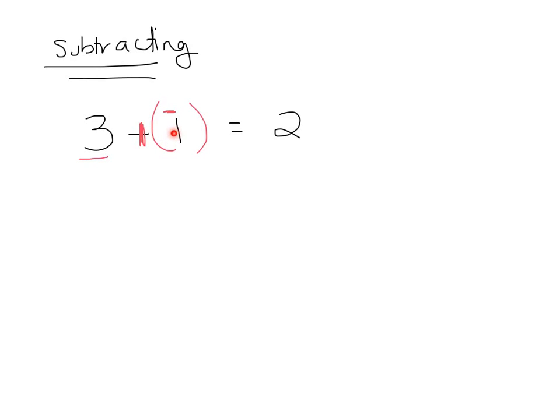If I'm subtracting a positive number, it becomes adding a negative number. Then I would follow the rules. Since 3 and negative 1 have different signs, I do 3 minus 1 to get 2. The 3 is larger than the 1, the 3 is positive, so my answer is also going to be positive.